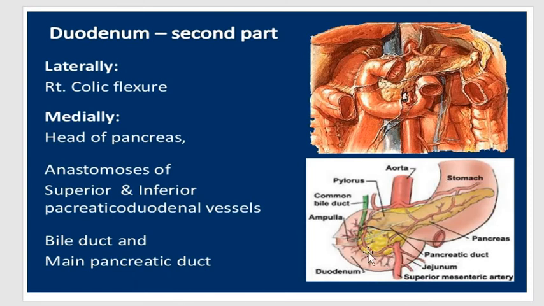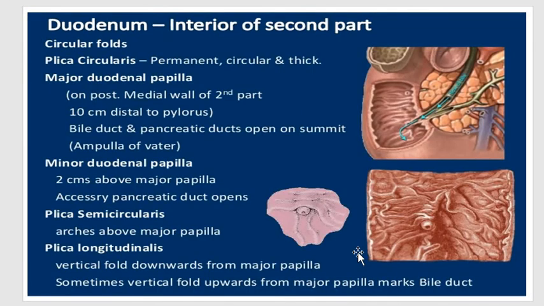In this C-shaped concavity, the superior pancreatico-duodenal artery and inferior pancreatico-duodenal artery are anastomosing. So they are also related medially to it. Medially the bile duct also opens in the second part of duodenum. So the bile duct is also related medially. These are the relations of the second part of duodenum.